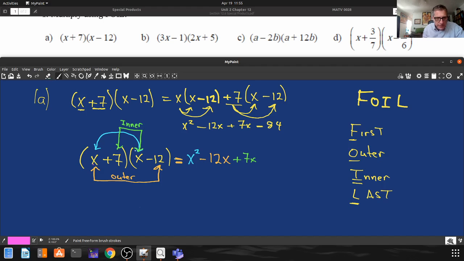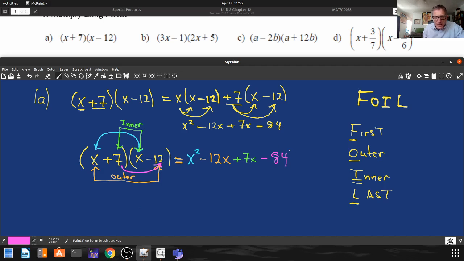If the x and the x are the first terms, then the last terms are the 7 times the minus 12. And I get minus 84.